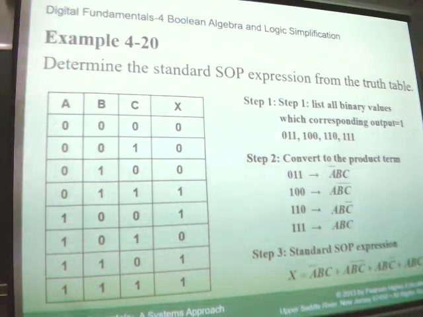But do you know why we should know how to get the standard SOP expression? Why should we convert our general expression to our standard SOP expression?